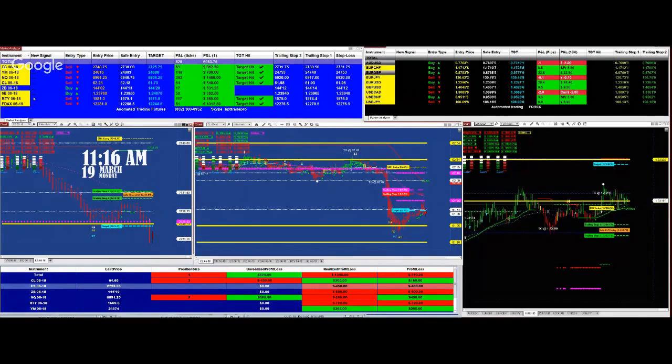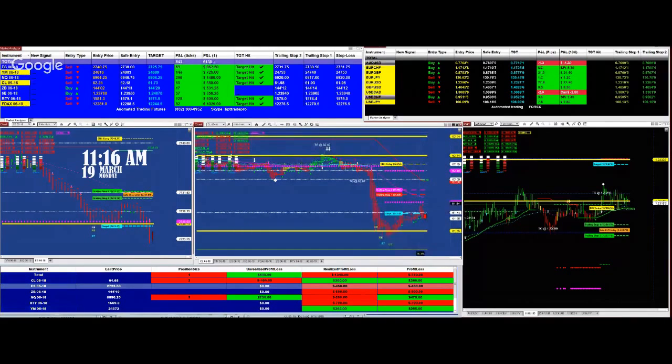After we hit the target on the CL, it came in exactly to our resistance line at 61.85 to the tick, and now it's going to be bouncing back and forth in this area. So there is not much to do until we get a new signal, a new direction.